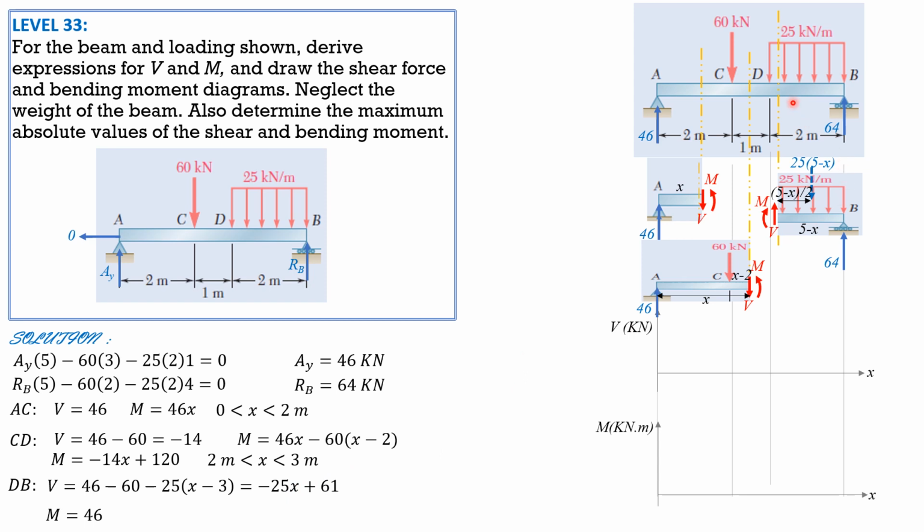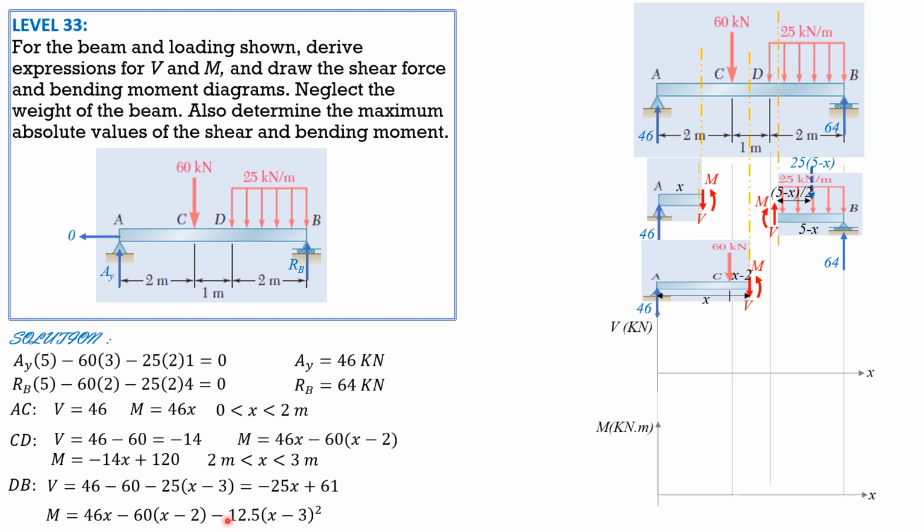Then for the moment, it is 46 times x, then minus 60 times quantity x minus 2, then minus, remember, 25 times x minus 3, moment arm x minus 3 over 2, so minus 12.5 times x minus 3 squared. Again, considering the forces to the left of this section, the moment at this section is 46 times x minus 60 times quantity x minus 2. Then moment of this rectangular loading, 25, the length is x minus 3, and the moment arm x minus 3 over 2.